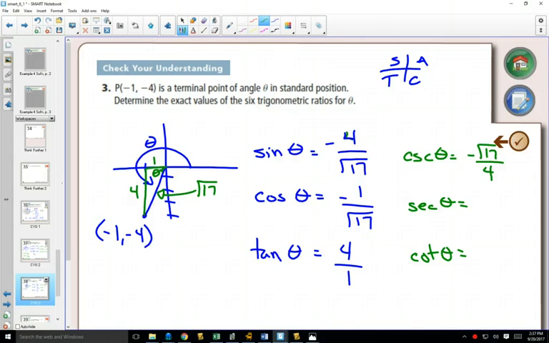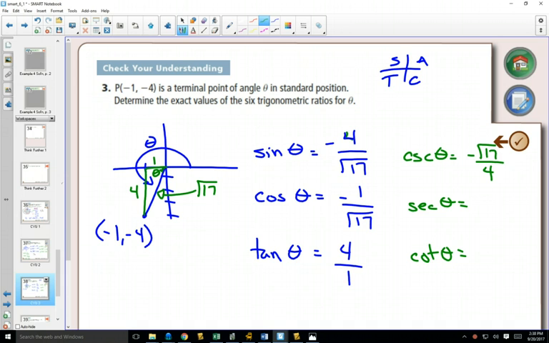And you know how in grade 11 you always had to rationalize the denominator? They assume you know how to do that in grade 12. So you are allowed to leave your answer with the square root of 17 on the bottom. In multiple choice questions, often they'll have it rationalized. In your answer key in your textbook, often it has it rationalized.